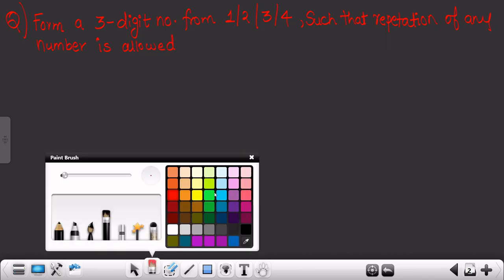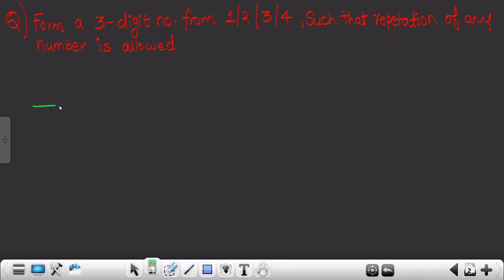What does that mean, sir? It's pretty easy. You have to form a 3-digit number from this available set of numbers, that means from 1, 2, 3, 4, such that repetition is allowed.